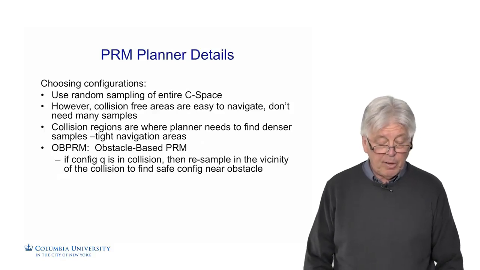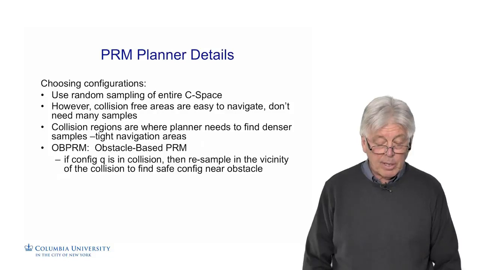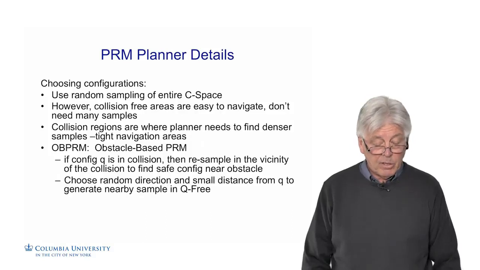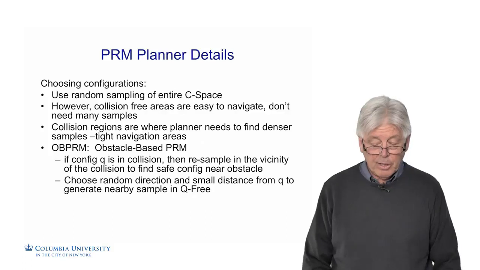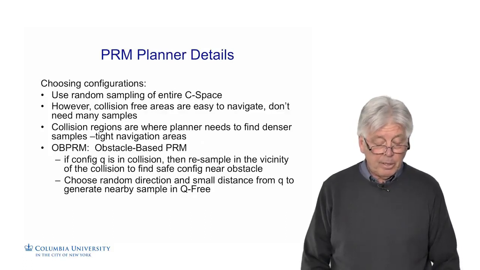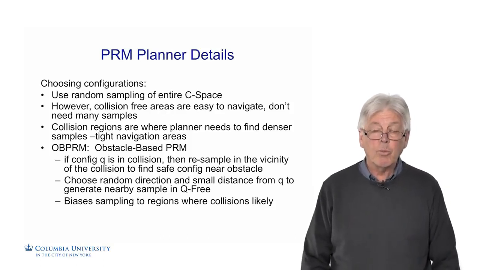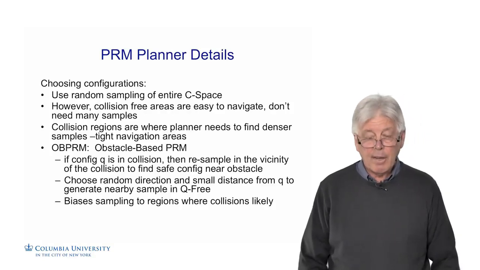So for example, if you find a configuration Q which is in collision, which is in the obstacle set, then you resample in that vicinity of the collision to find a safe configuration nearby. So you just choose a random direction in a small distance from where you had the collision at Q to generate another nearby sample, hopefully in Q free. And this biases the sampling to regions where collisions are likely, which is where you have the most problem in your planner, where there's going to be tight navigation areas.